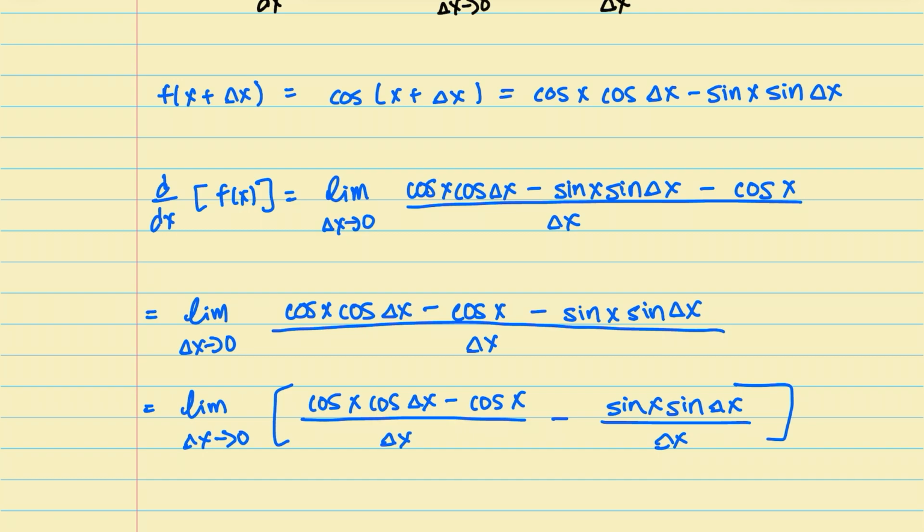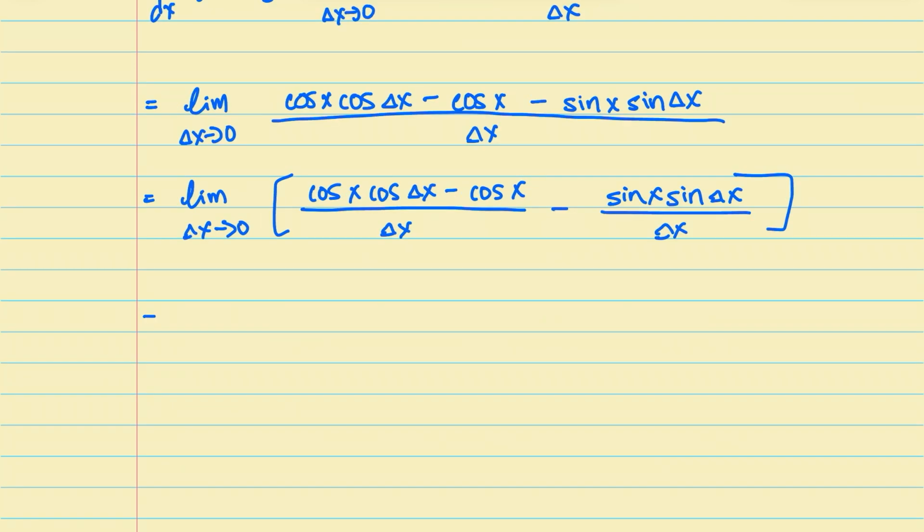In our first fraction, let's see if we can factor out a common term. We'll write the derivative of f of x as the limit as delta x approaches 0, and from our first fraction, let's see if we can factor out a negative cosine of x. You'll see why this is useful in just a moment.